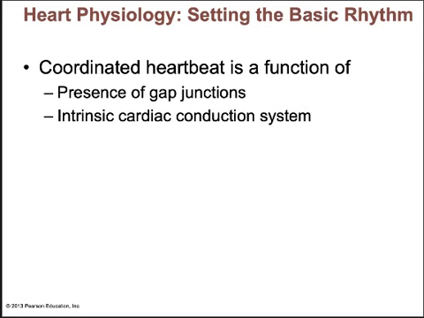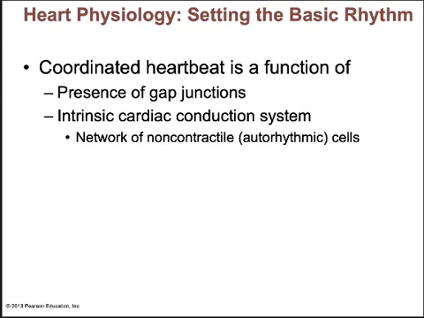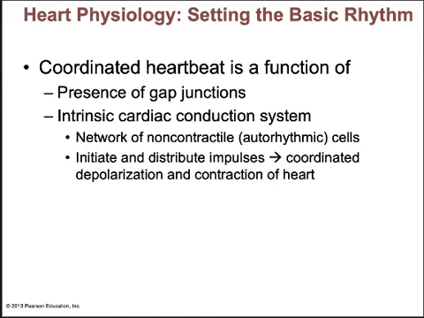This runs throughout the wall of the heart and promotes the movement of an electrical signal in only a certain direction. These are non-contractile cells that initiate the impulses, and then the neighboring cells are what generate the contraction.